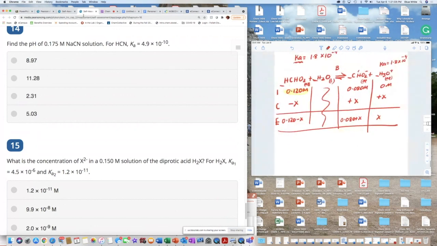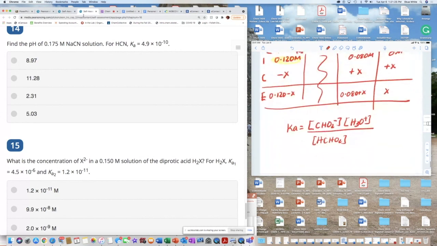Then we do the K expression. Ka equals, just like with the weak acid, CHO2 minus times H3O plus over HCHO2.